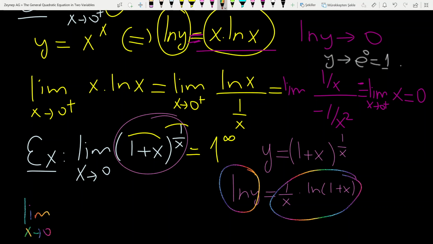So you have a division here, right? You have a division: ln(1 plus x) divided by x. When x tends to 0, you have ln 1 in the numerator, which is 0. You have 0 in the denominator, so you have a 0 over 0 case.